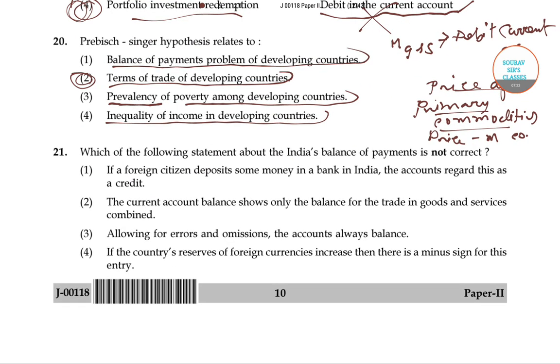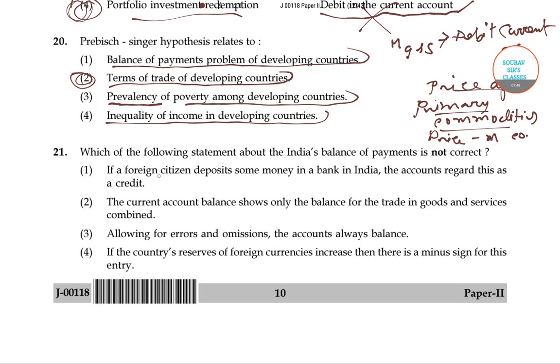In question number 21, it is given: which of the following statements about the Indian balance of payment is not correct? We have 4 options.